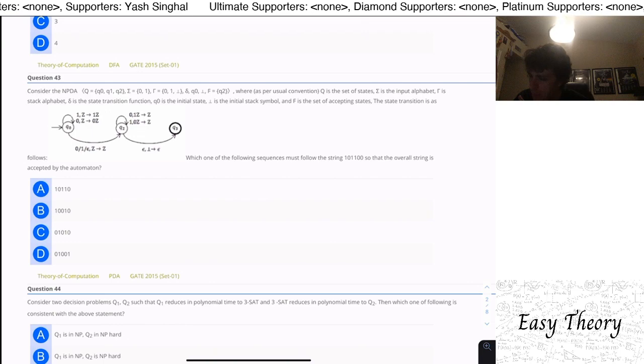I'm not sure what must follow the string means. Does it do the same states? So let's see, where does it go? Must follow the string.